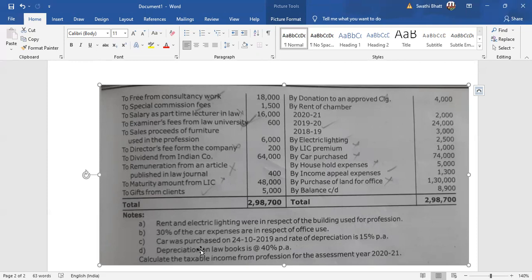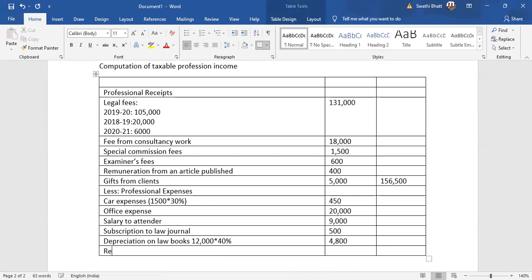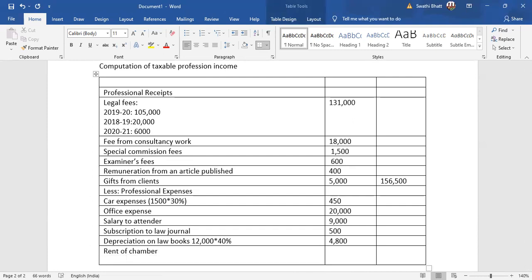Rent of chamber. Every lawyer usually has his own chamber for which he's supposed to pay rent. So all the rent of 3 years, we'll be calculating and writing it over here. Rent of chamber. So we have 3 years: 2020 and 21, and the amount is 2,000.